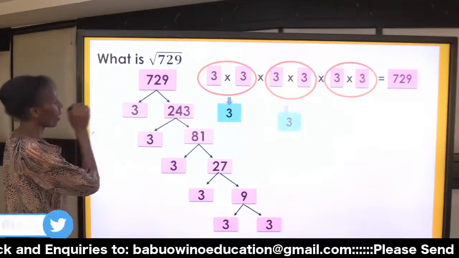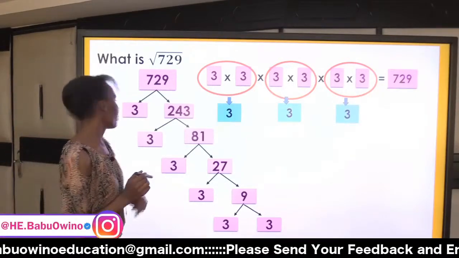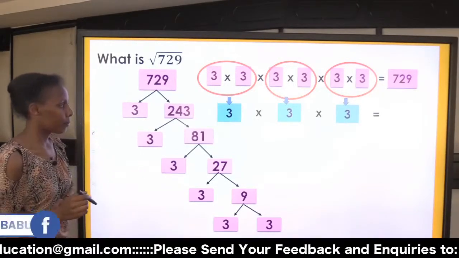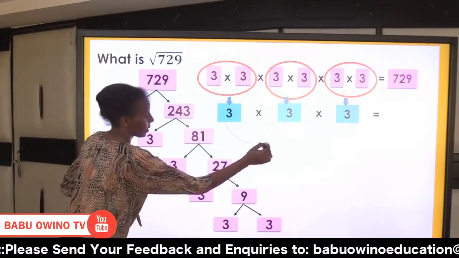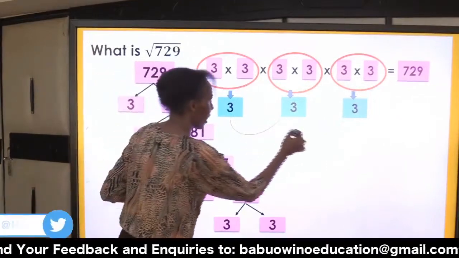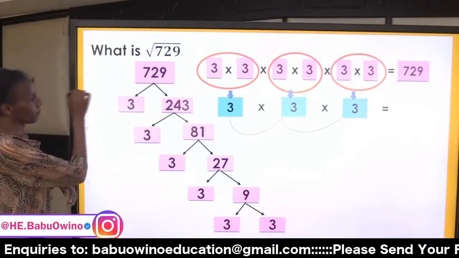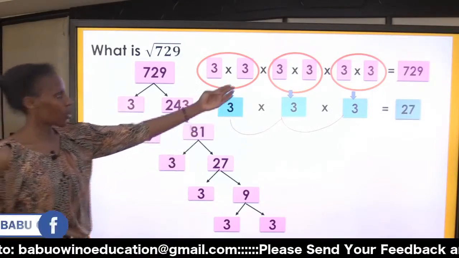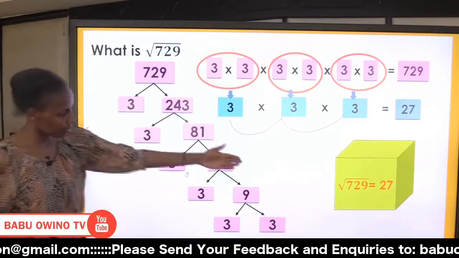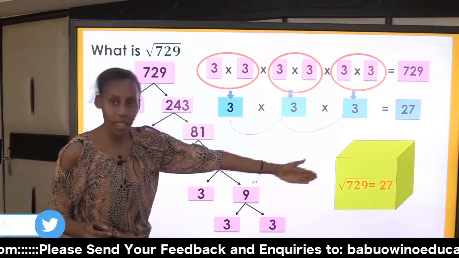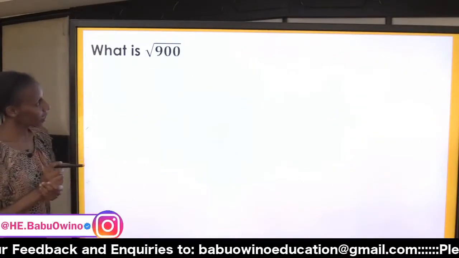In the next pair, I pick 3, and in the other pair, I pick 3. We are multiplying those products. So when I multiply 3 times 3, I will get 9, and then 9 and 3, you get 27. And therefore, our square root is 27. So the square root of 729 equals 27.